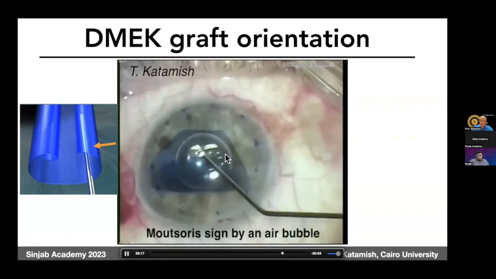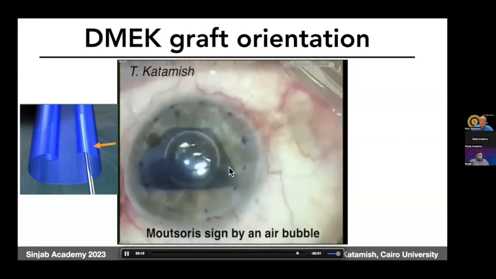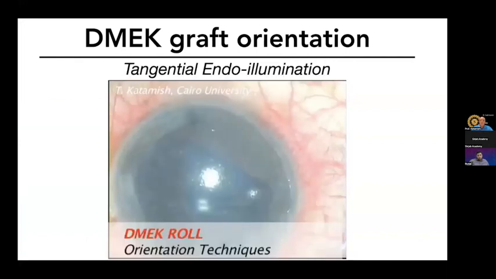So you have used the air bubble as if it is a spatula, and then you can be 100% sure that since this fold is covering the air bubble, this is in the proper orientation. If you inject air and you find the whole air bubble is covered by DMEK tissue, this means that the graft is inverted.